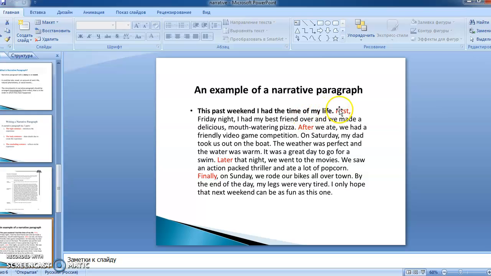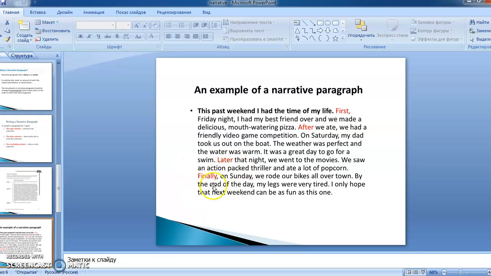This is the body part: firstly what happened, then after, and later. These are very helpful conjunctions for imagining the story and supplying the time order. It means the events happened in chronological order.